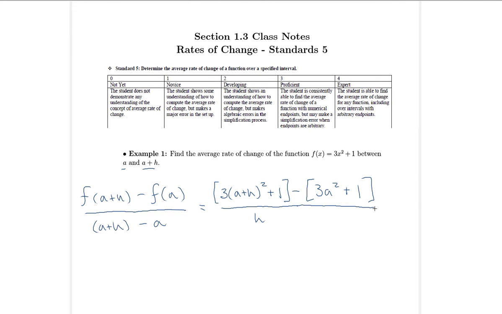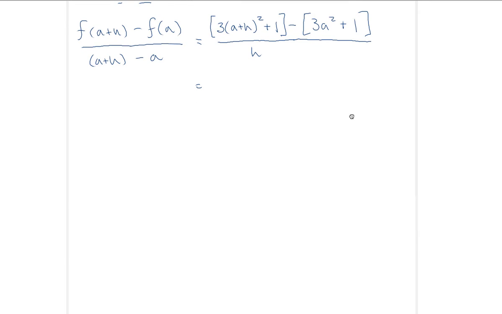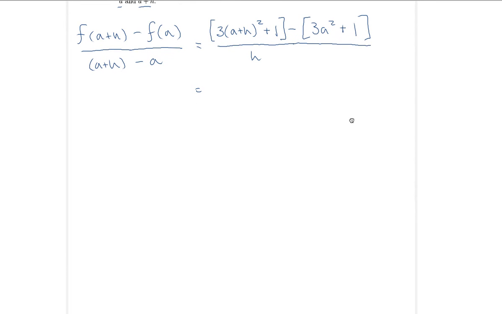Right? Minus a plugged into the function. All right, so as it stands, there's no way I can cancel this h out. So what I need to do is try to simplify the top best I can and see if, after simplifying, there's a way that I can actually do some nice canceling.